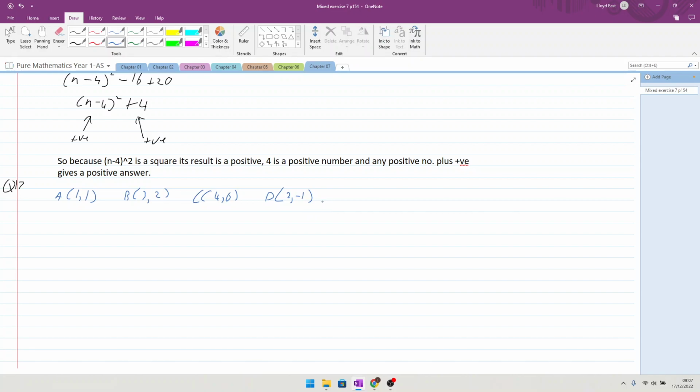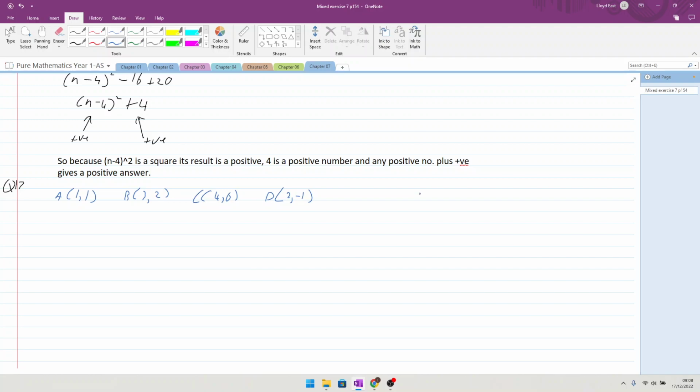Okay, what do we need to prove something is a square? We need to prove that either the sides are all the same, but then it could still be a rhombus. So all the sides are the same, and we've got 90 degrees on the corner. Or we can prove that the diagonals are the same length, and they cross at 90 degrees. Okay, so different options for what we've got.